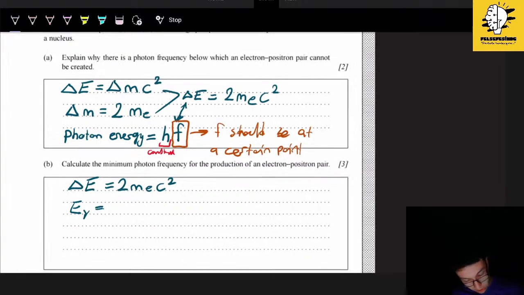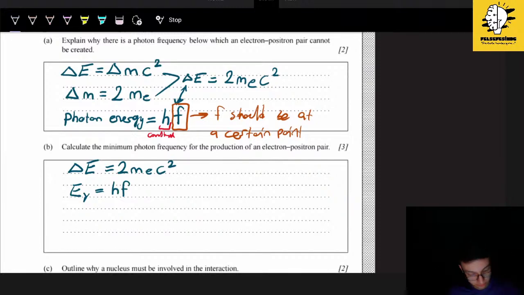Is equal to hf. Let's equate them: 2me c squared is equal to hf. Now what I am going to do is use the data booklet and solve for f.